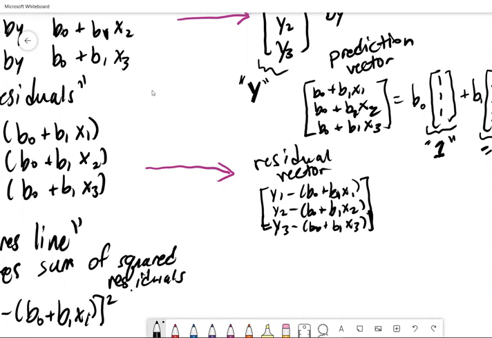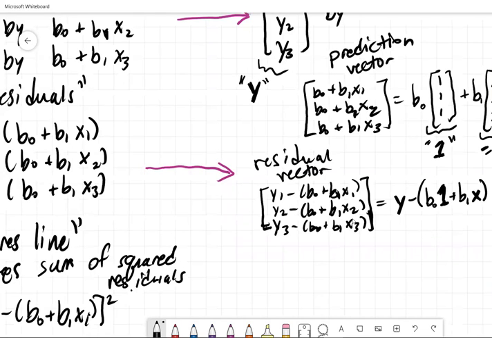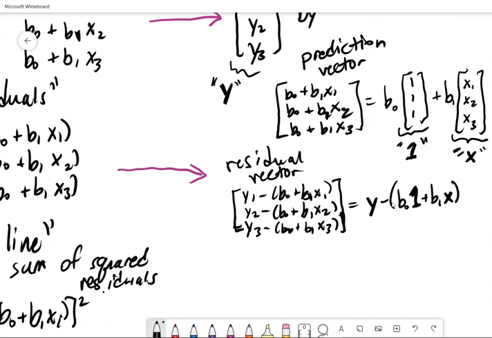There's our residual vector. It just has three numbers. And actually we can write it more simply: the y vector minus b0, a number, times the 1 vector plus b1, that's a number, times the x vector. So there's our residual vector written out as basically a linear combination of vectors y, 1, and x.